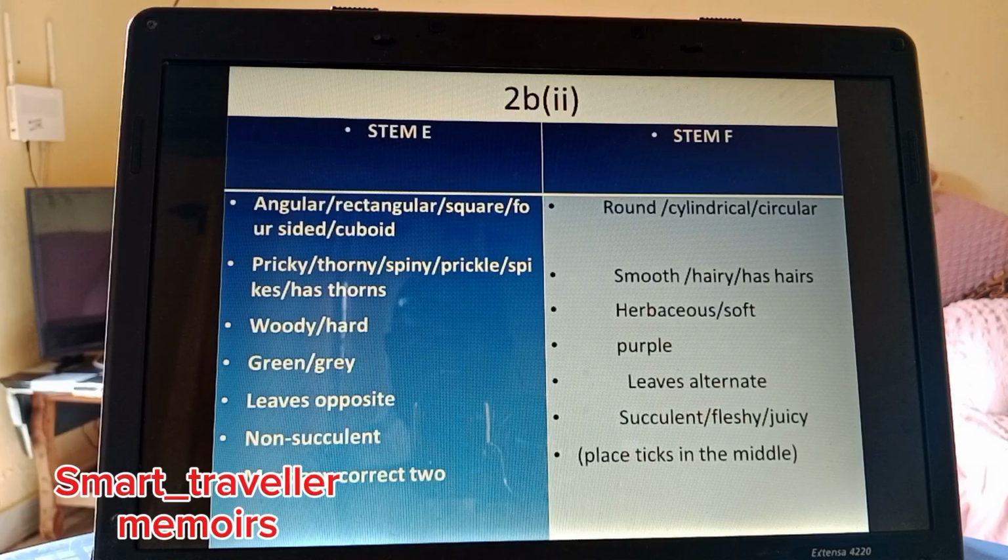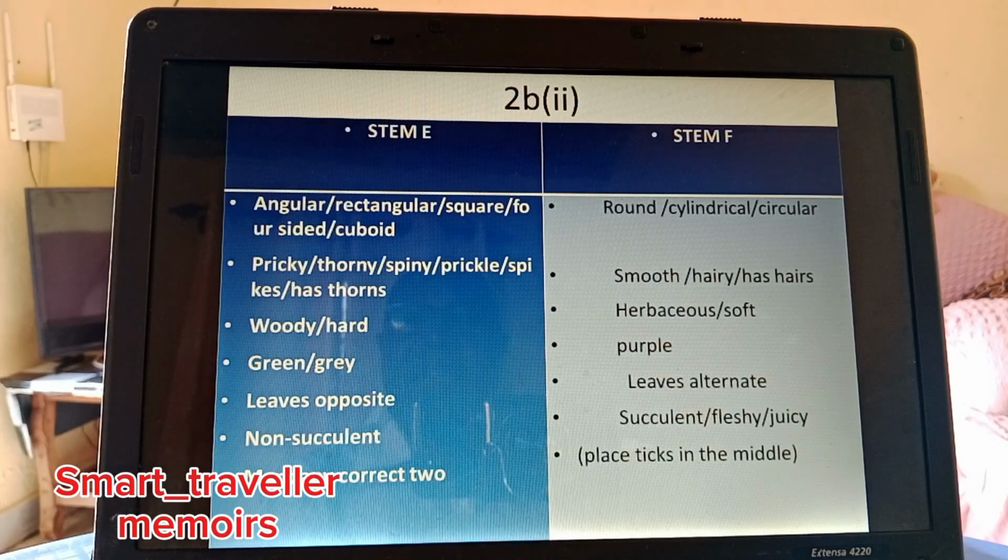Woody, herbaceous and soft. So woody goes with herbaceous, hard goes with soft. Gray, purple, or green, purple. Leaves opposite, leaves alternate. Non-succulent, succulent or fresh or juicy. Mark any correct 2. Place ticks in the middle because it is an open question.